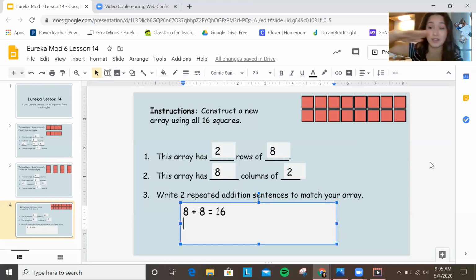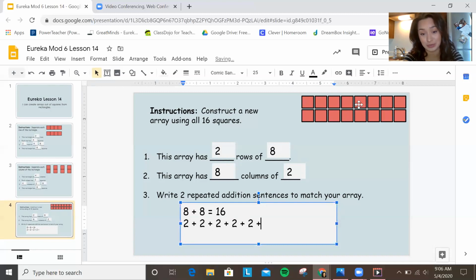Now we need a second repeated addition statement. Our first one was for rows. Now we need one for columns. How many squares are in each column? 2, good. So our repeated addition sentence is going to be a little bit longer for our columns. First column is how many? 2 plus 2 plus 2 plus 2 plus 2 plus 2 plus 2 plus 2.